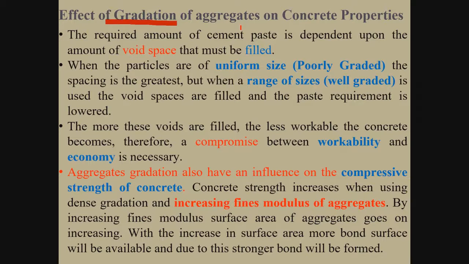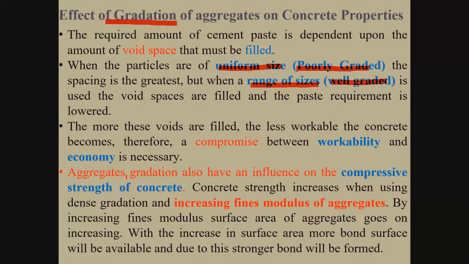And poorly graded aggregates means presence of a particular size of aggregate. That's why poorly graded aggregate is also known as uniform size aggregate, and well graded aggregates are also known as non-uniform aggregates, which have a range of sizes.